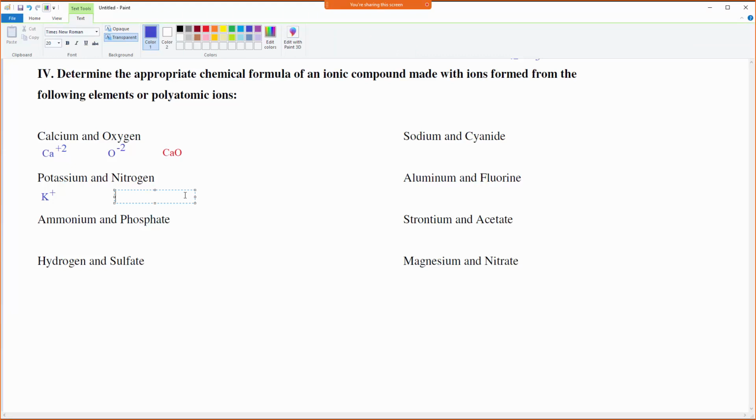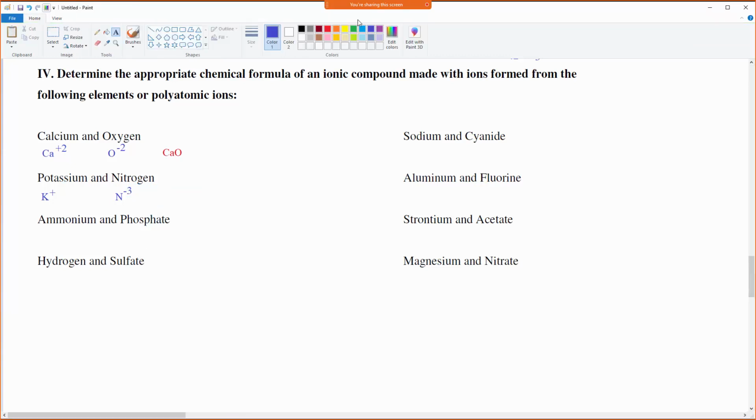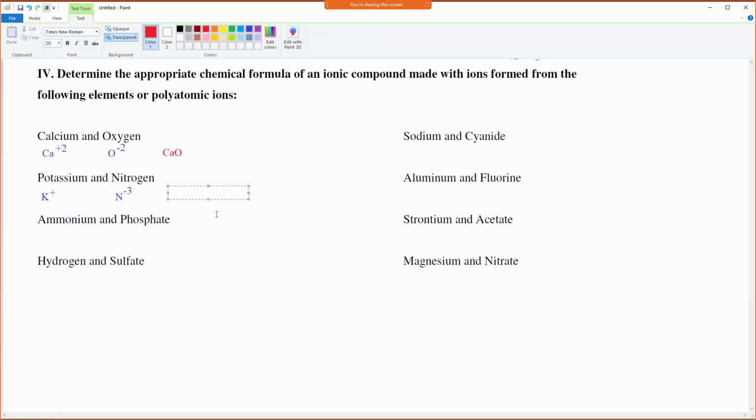Perfect. It's got the symbol N. Watch out, capital N. And a charge of 3- or -3. All right, so what is the formula of the ionic compound made between potassium and nitrogen? What's that going to look like? Excellent. K3N.